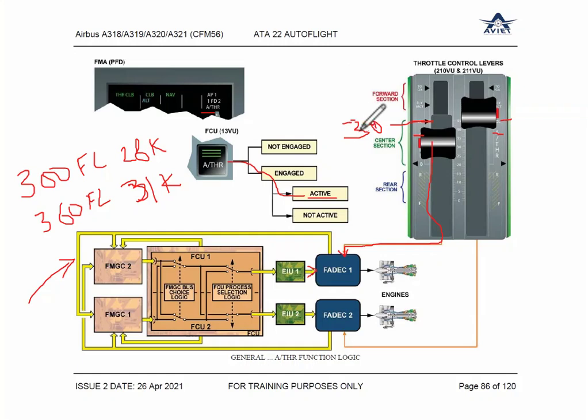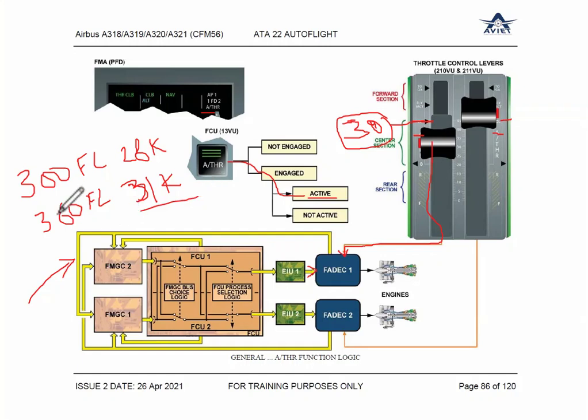But what does your climb detent say? 30,000. Just a minute. You understand this? Now, here you need to pick up the catch. The lever is at maximum 30,000 pound and the requirement by FMGC is 31,000 pound.